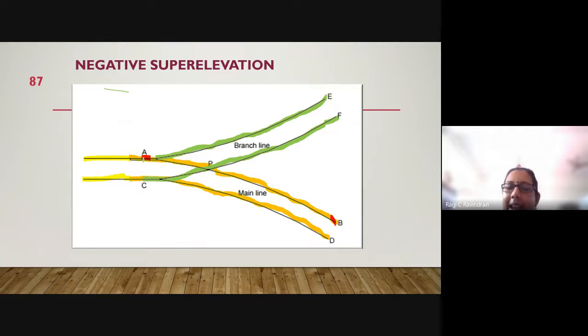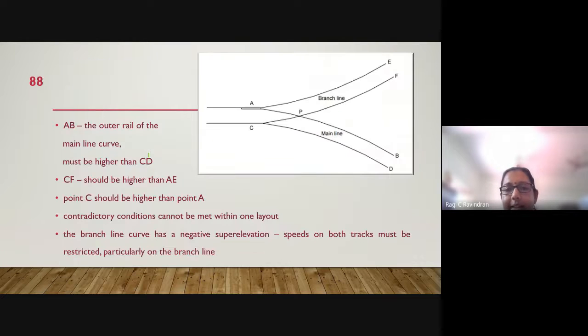Which means A is maintaining the same level as that of the single line track and C is elevated. Okay. So when we considered the main line, we said A is at a higher point when compared to C, and when we are considering the branch line, we are saying C is at a higher elevation than point A, right? Which is contradictory, right?